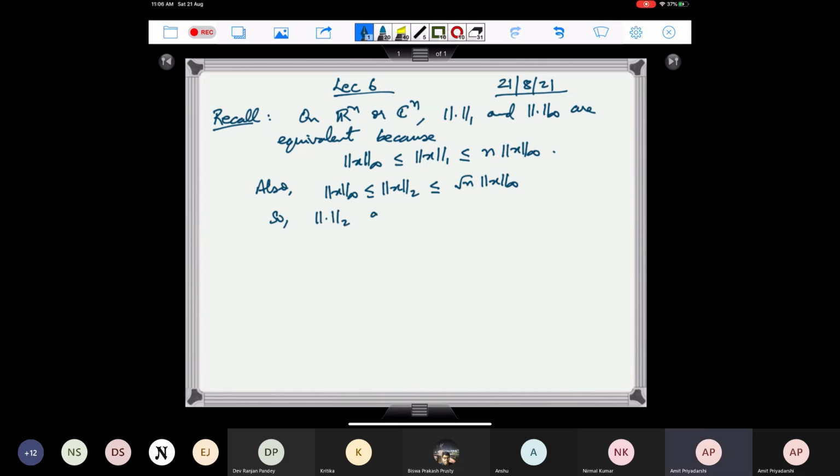So this norm 2 and norm infinity are also equivalent. In fact, all these are equivalent norms.